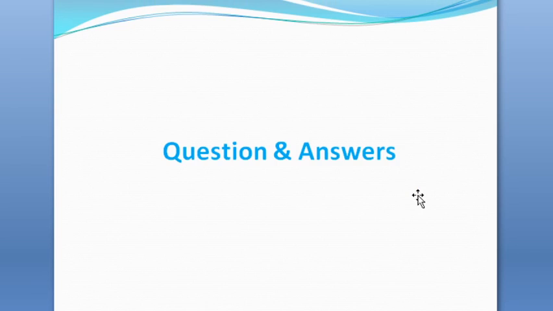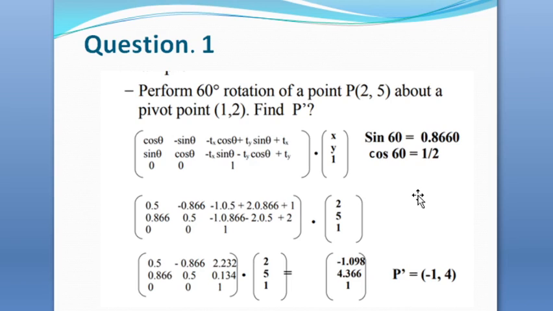Here the pivoting point is given as 1, 2. Therefore, one more time we have substituted the same formula here: tx cos theta plus ty sin theta plus tx minus tx sin theta minus ty cos theta plus ty.